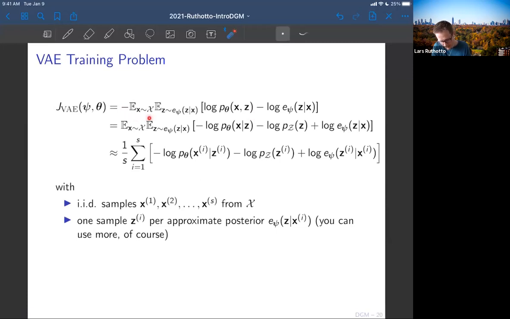So you sample a data point. For every data point, you get an encoder distribution, and you sample from that, or you take an expectation with respect to this z, and then you compute this KL-like term, where you have a difference between two different blocks.